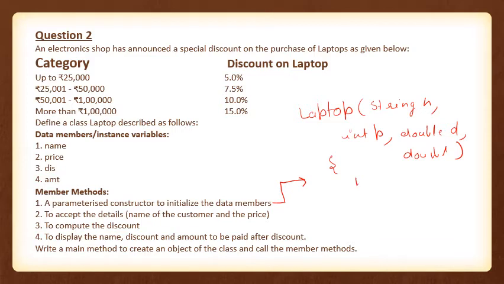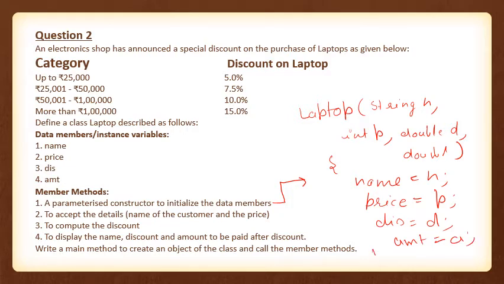Here you can write name equals n, price equals p, discount equals D and amount equals A. Because nothing else is given, here it is written: a parameterized constructor to initialize the data members.